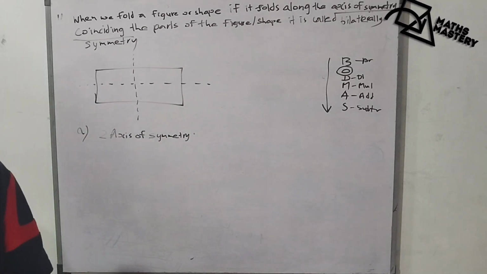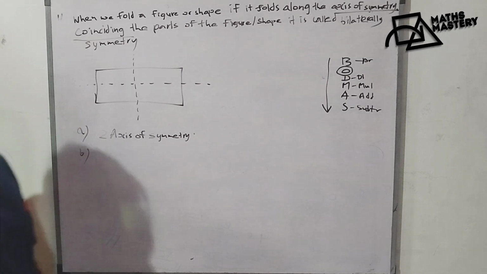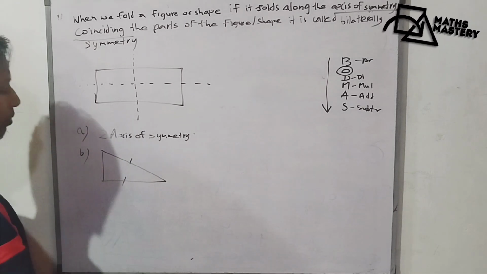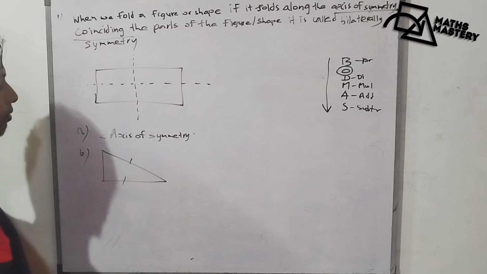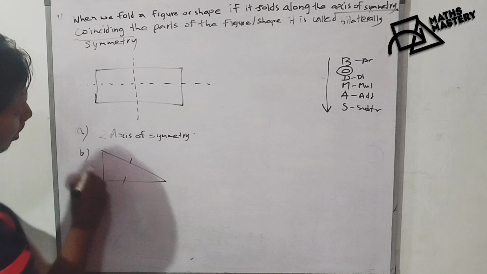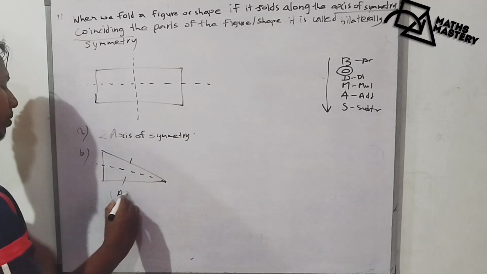So next one, question number B. It's a triangle, but they have given small marks here. This one and this one are equal. It means this is an isosceles triangle. In an isosceles triangle, students, there is only one axis of symmetry.